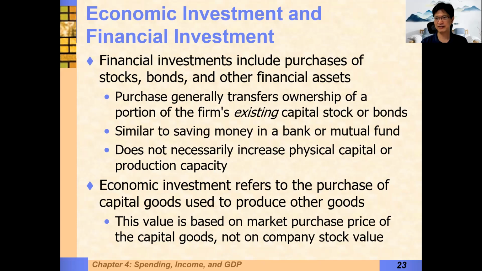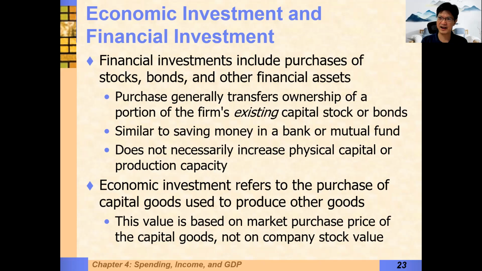In everyday life, whenever we talk about investment, actually we mean financial investment. Now, financial investment for an economist is not investment. For the purposes of this course, and whenever macroeconomists talk about investment, it's always the buying of capital goods.